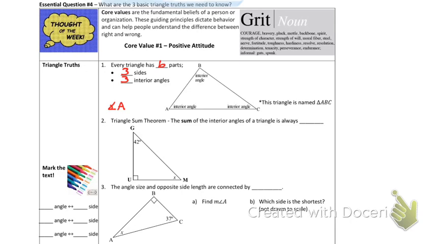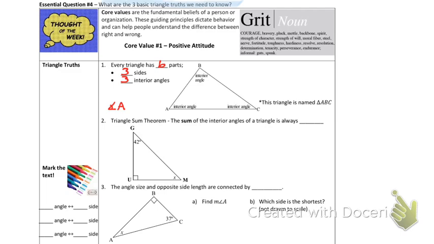The other part of the triangle we want to name are the sides. The sides are these lines here. So this side is BC, this side would be AB or BA, and this side would be AC or CA. To name a side, you use 2 capital letters, and those 2 letters surround the side.